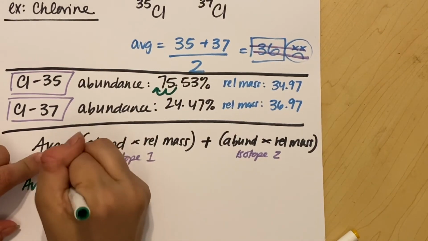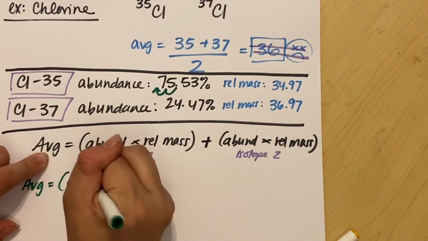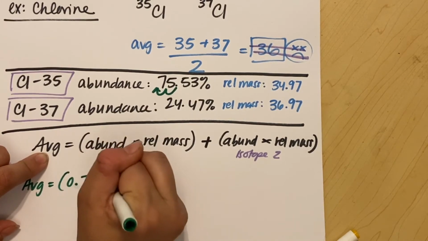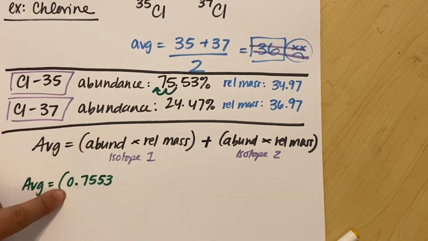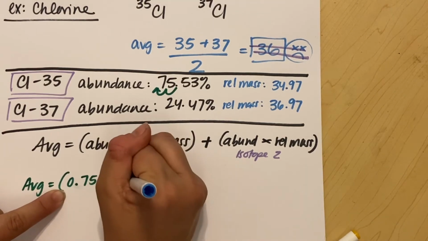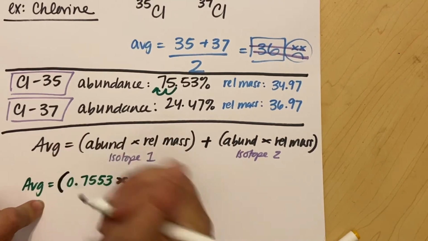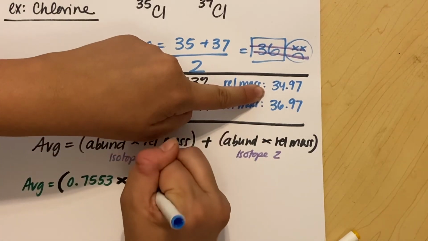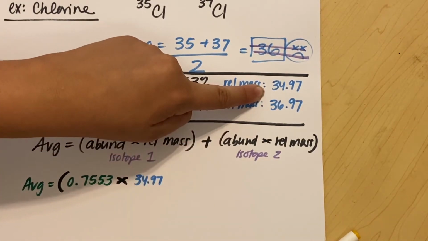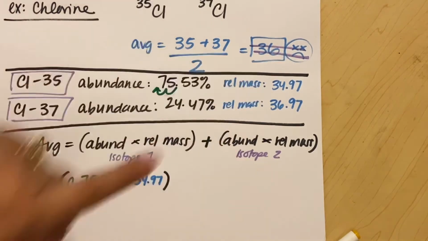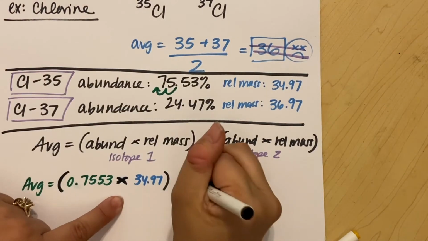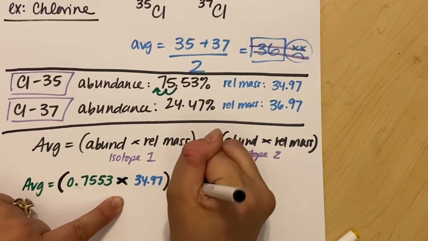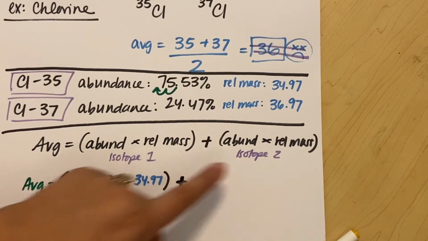So I'm going to have 0.7553. That's my abundance, times my relative mass, which is 34.97. So I have this calculation, plus the exact same thing for my isotope number 2.